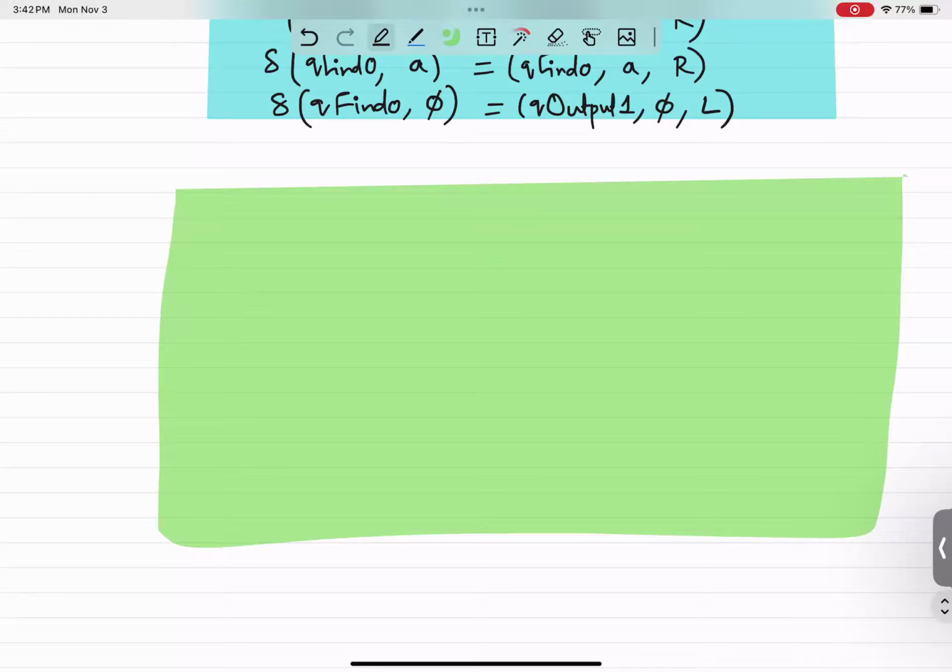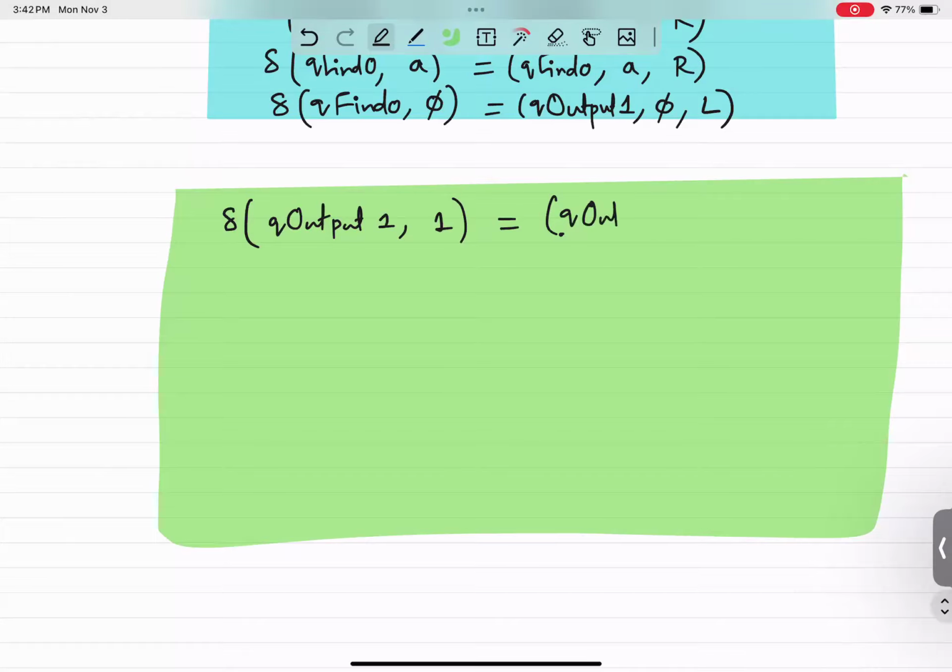For example, let's say Q output 1. If I see a 1, what should I do? There are various ways to do it, but remember, the first task is to clean up the tape. I don't want to have other things on the tape, for clarity.